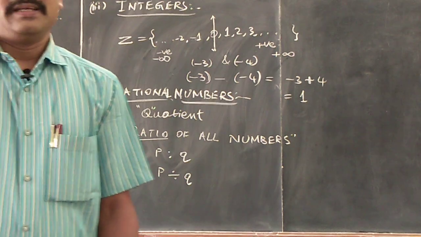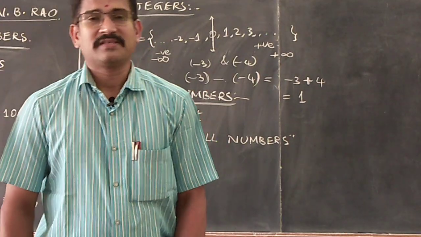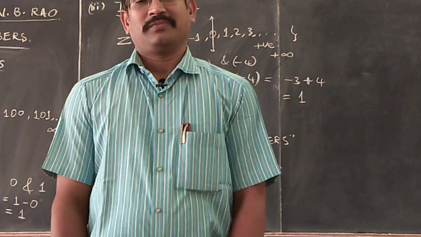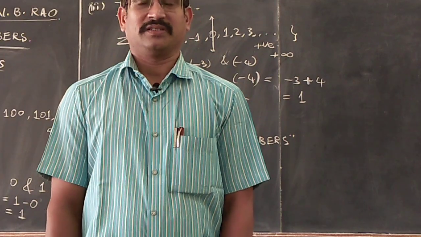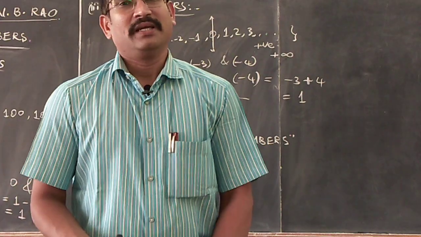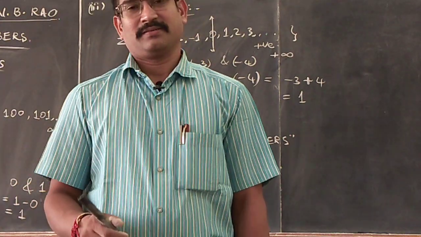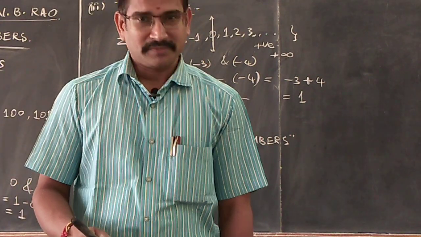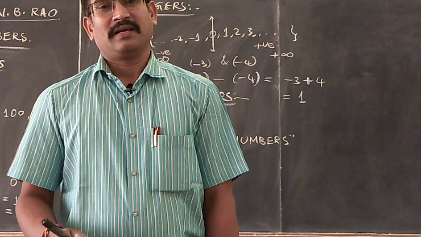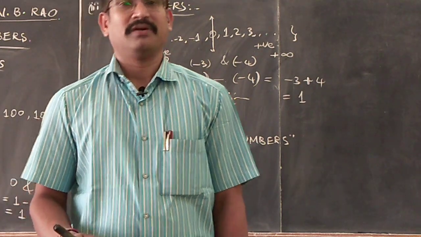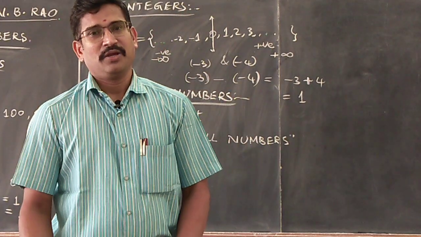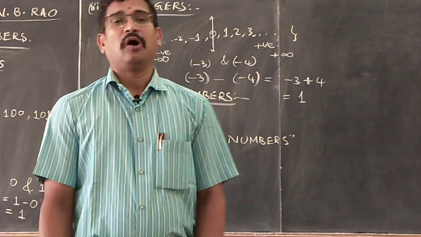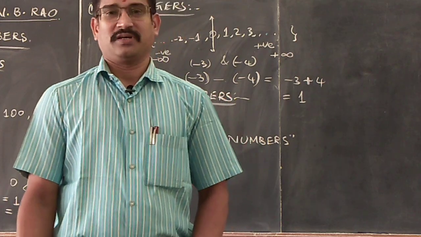Children, students, I expect from you that whatever we have learnt today is all written in classwork. That is, we have learnt today various types of numbers and some important properties: natural numbers, whole numbers, integers, rational numbers. You are required to write all these things neatly in your classwork.